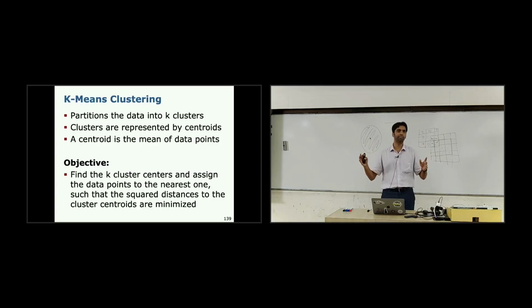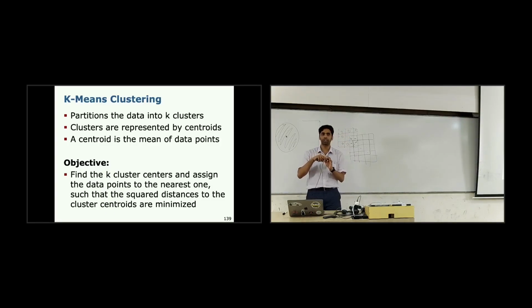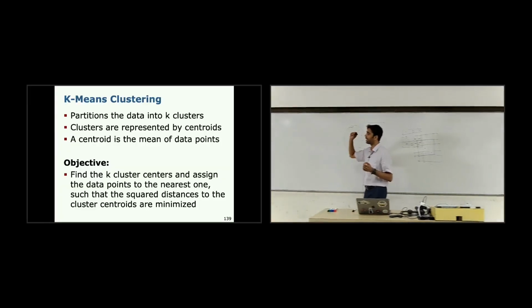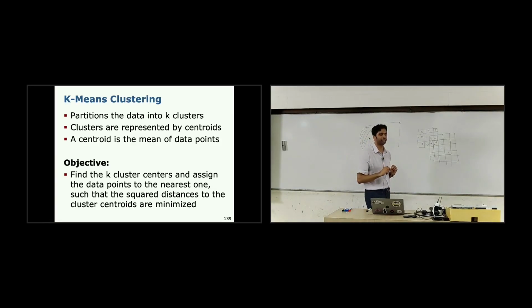Usually you give the k. This is something that's usually manually tuned based on your database challenge. Each cluster will be represented by a centroid, which is the center of mass of that particular cluster. And the goal will be to find k clusters such that for any new SIFT feature, we can assign it a particular cluster.